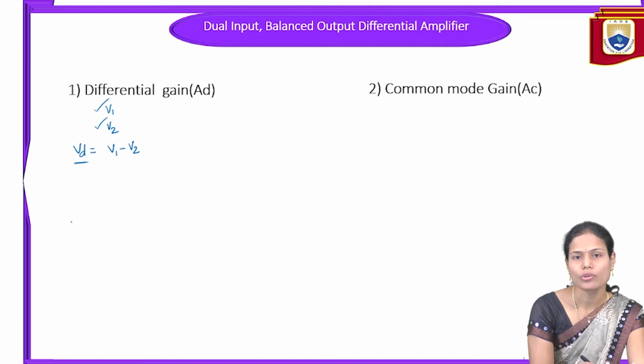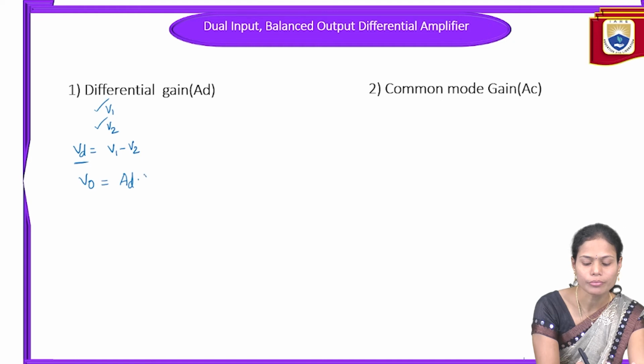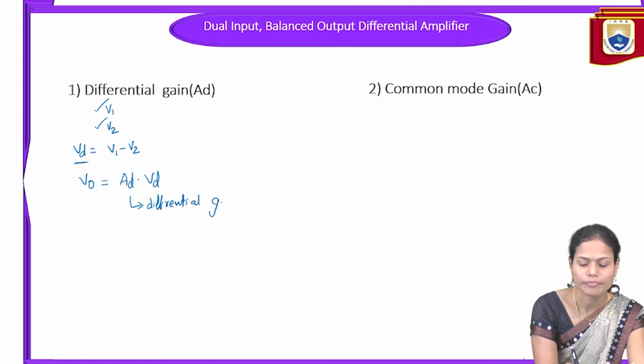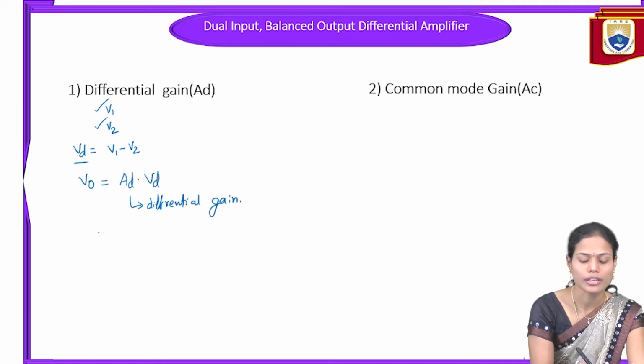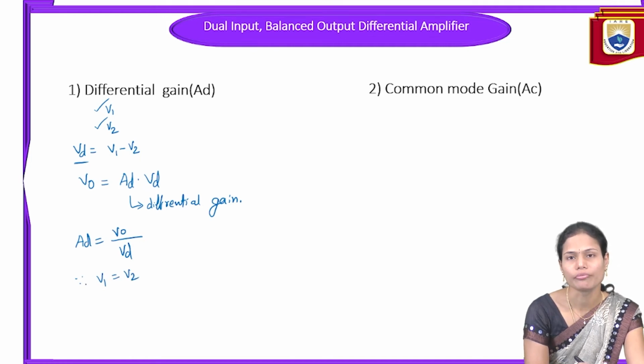So how much output voltage we can expect from this differential amplifier is V0 equals AD into VD, where AD is nothing but the differential gain. So AD is equal to V0 by VD. Suppose I apply both the input voltages the same, V1 is equal to V2.